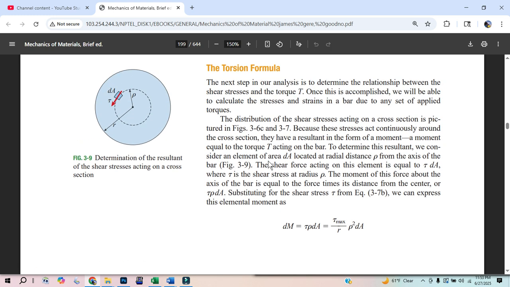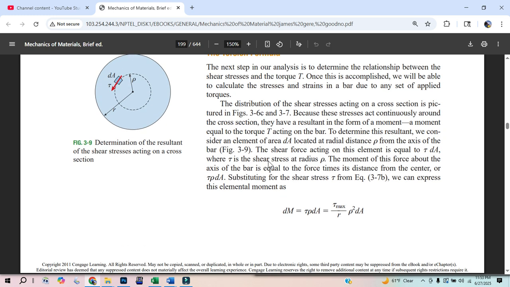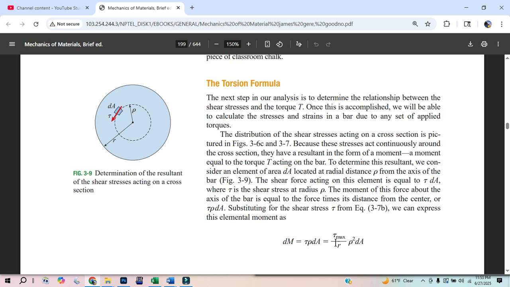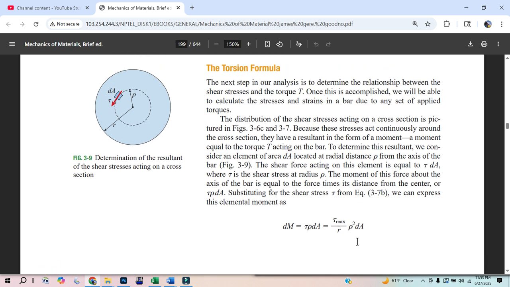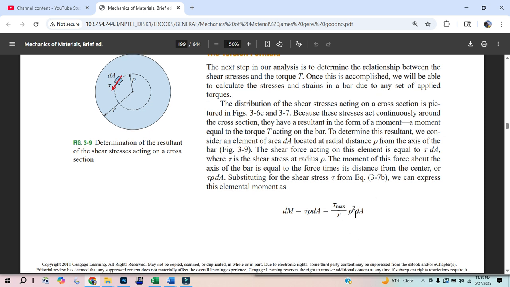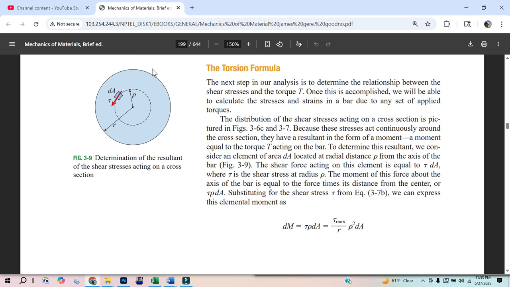And this happens so much in textbooks that I guess I'm getting a little bit more used to it. Once you get to this rho squared dA, they just say, hey, the light bulb went on, because rho squared dA is the definition of polar moment of inertia, which does not change as long as someone made and manufactured this shaft.